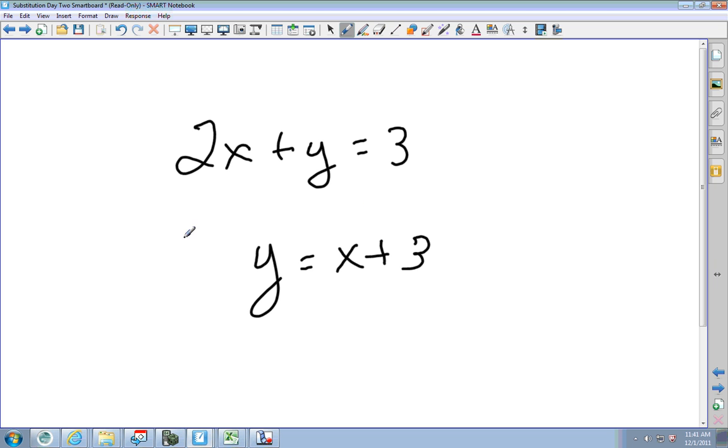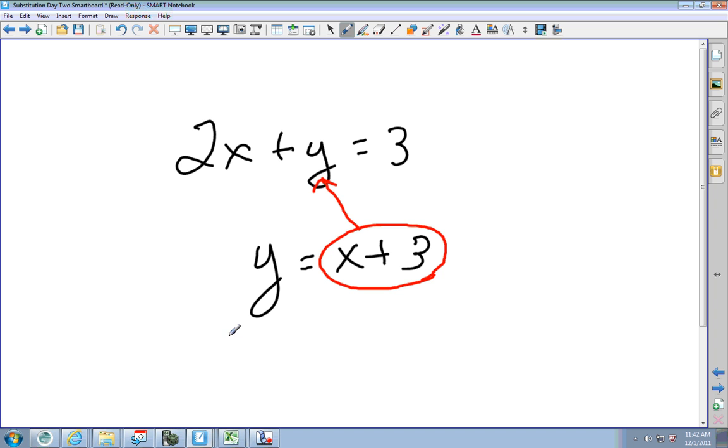What you're looking for is one of them in slope-intercept form. So for example, if this was my problem, I would find what y equals right here, and I will be circling it. I'm going to substitute it and put it into the other equation for y.